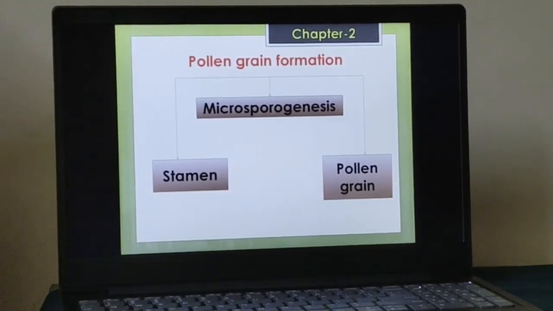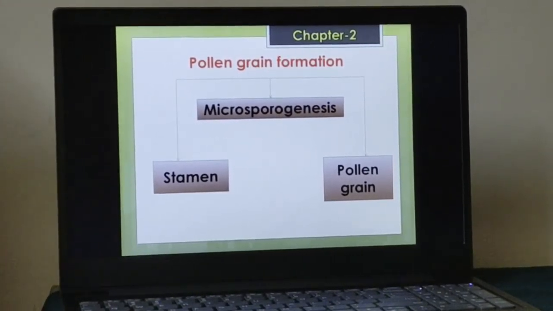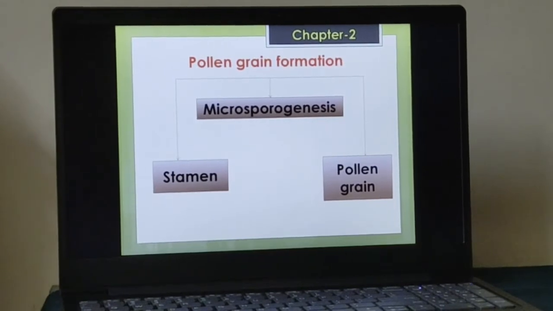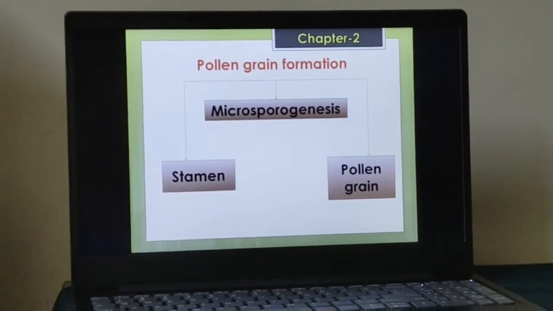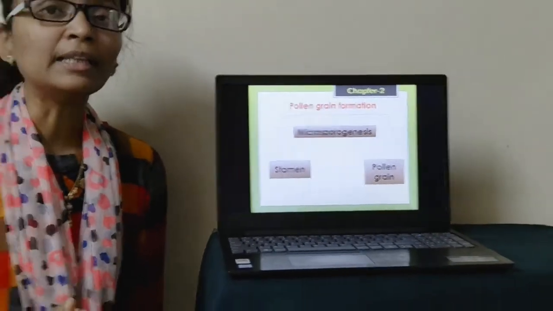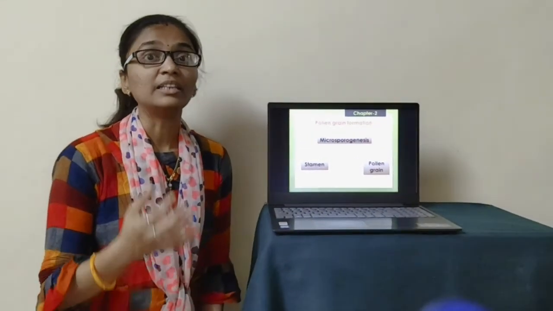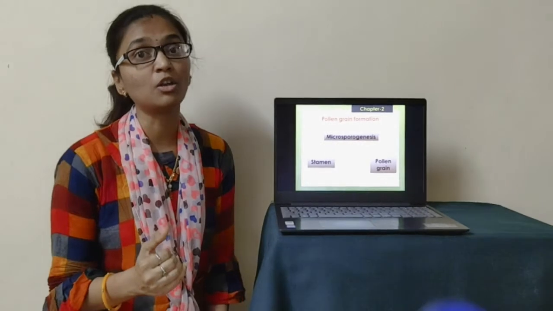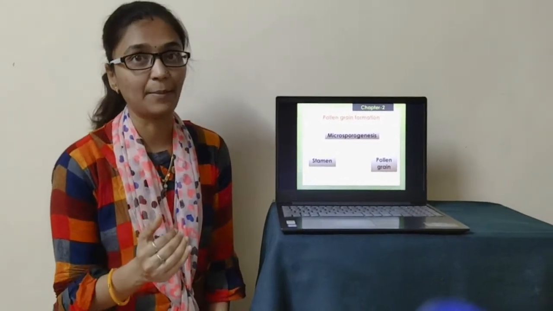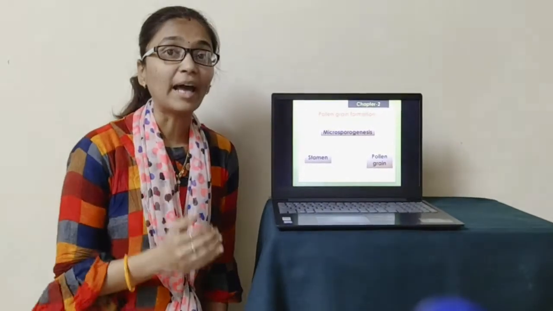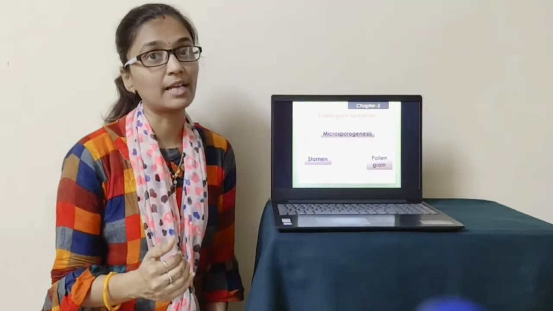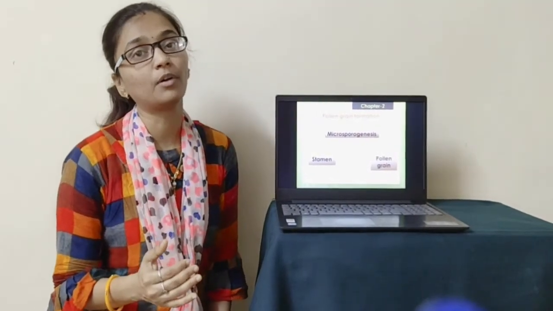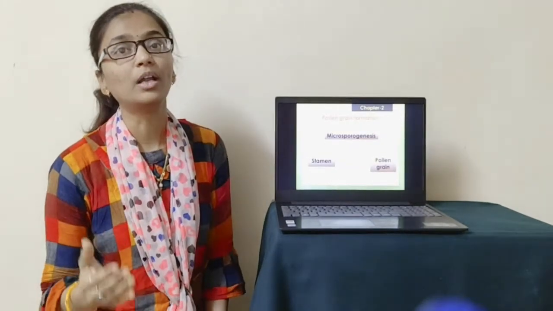That is the stamen. First we will study the stamen, the male organ, and which parts it contains. In the male part, there will be formation of what? The male gametes. That is known as what? Microsporogenesis. And after microsporogenesis, each microspore will be converted into pollen grains.